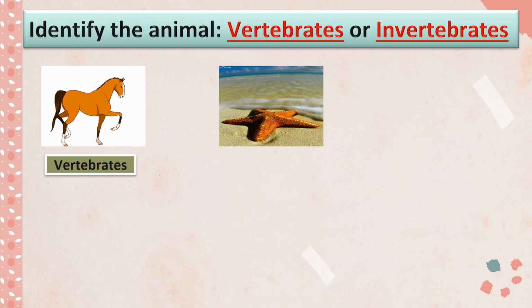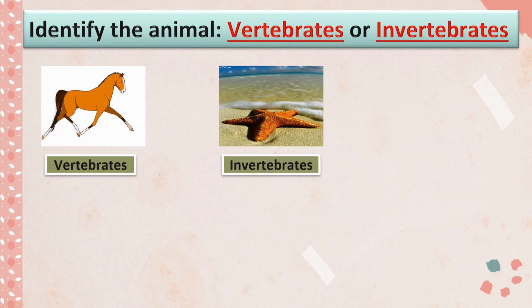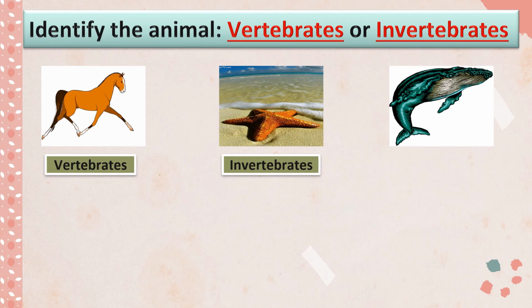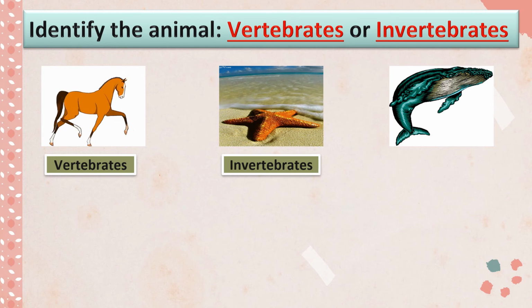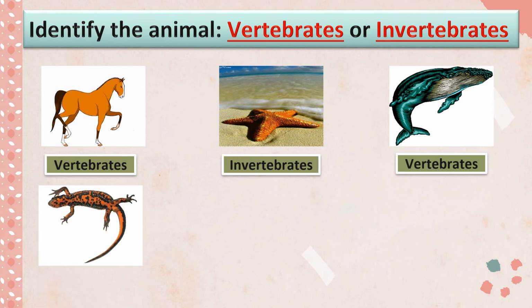Next animal. What is it? Yes, starfish. Vertebrate or invertebrate? Okay, very good. Invertebrate. Next animal is whale. How about whale? Is it invertebrate or vertebrate? Very good. Vertebrate. Next, lizard.